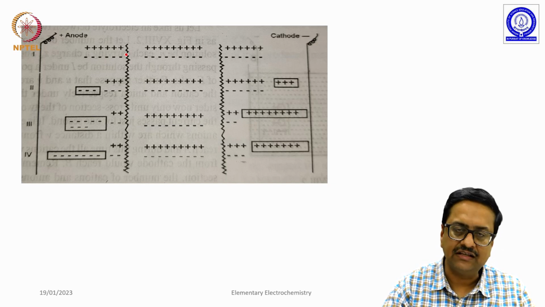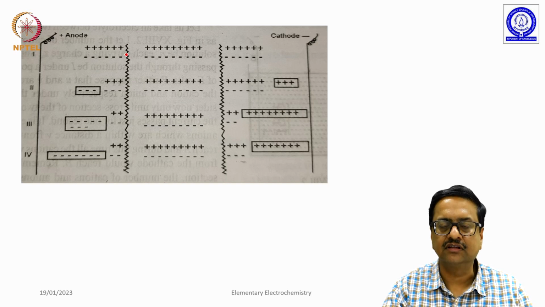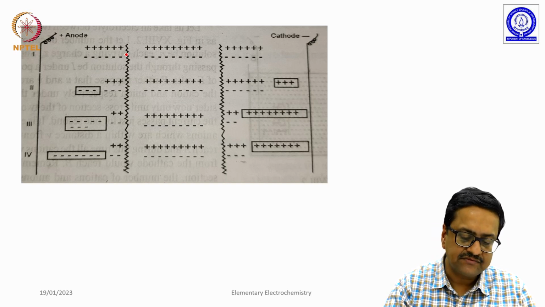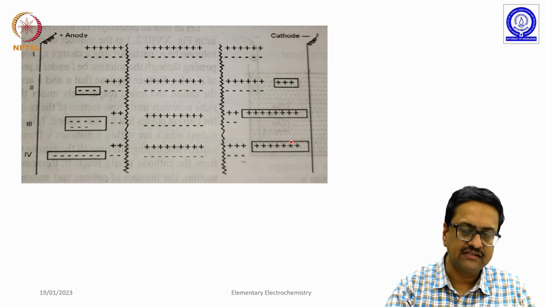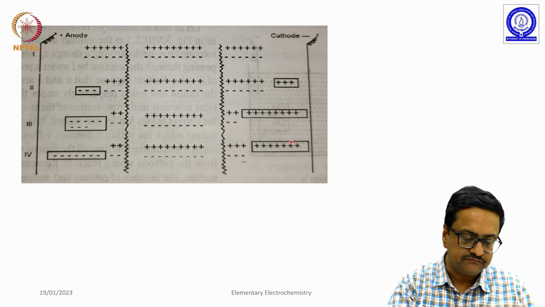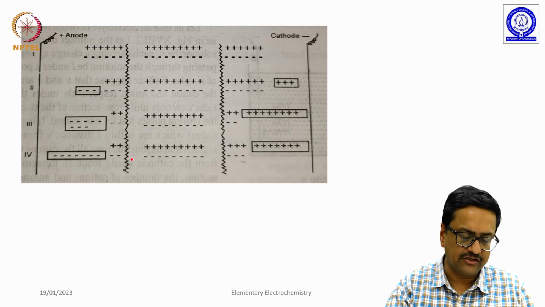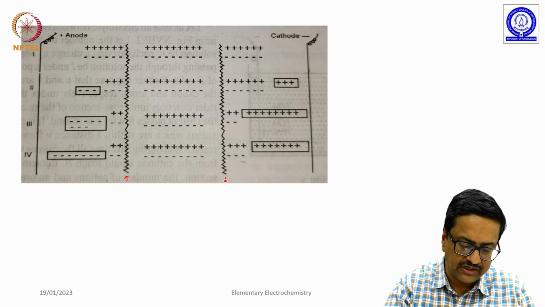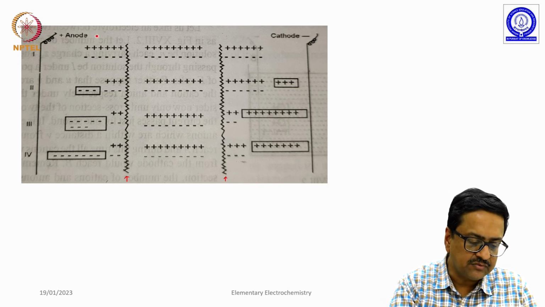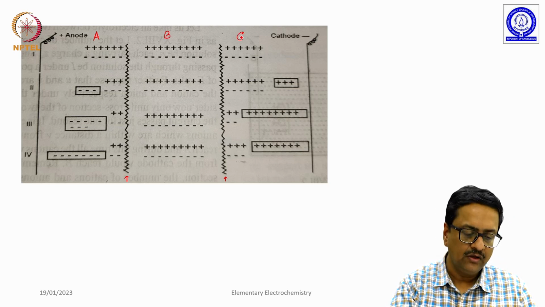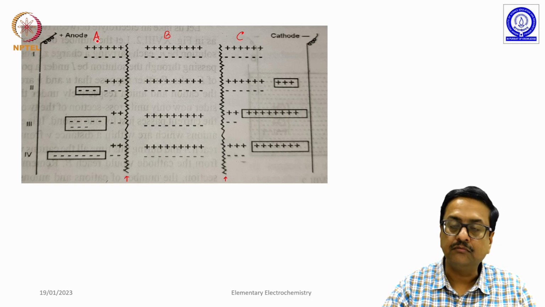You can assume them as H plus and Cl minus for simplicity, and I have divided this electrochemical cell into three imaginary components with imaginary boundary lines, just for our easy understanding. Suppose this chamber I call A, this is the middle chamber B, and this is the cathode chamber C. So, we have three chambers, anode, B and cathode.